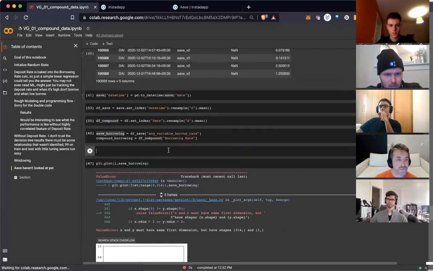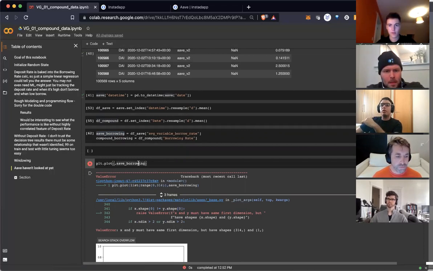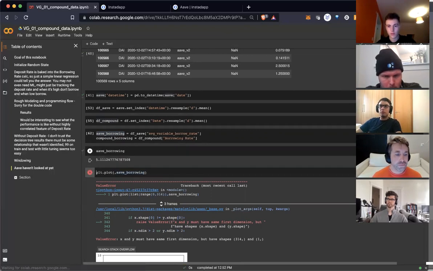I just need to figure out how to plot this. I'm blanking. Don't I just need to put the X here and it's a range? Yeah, it seems like the Aave borrowing only has one number. Oh. Let's rerun that.